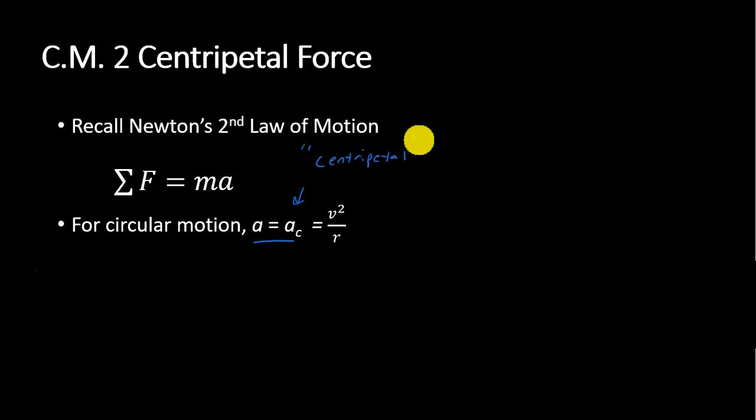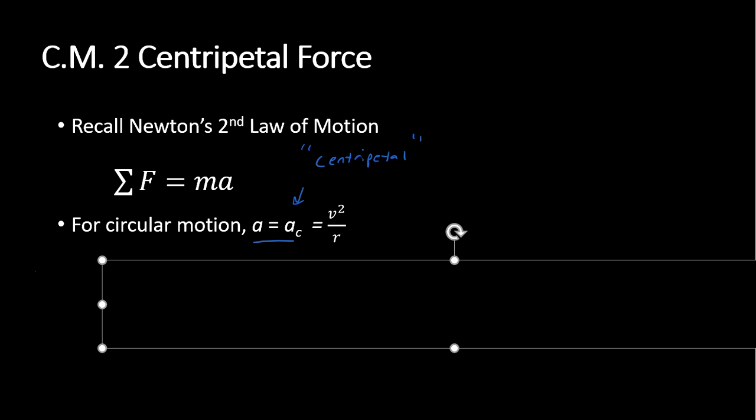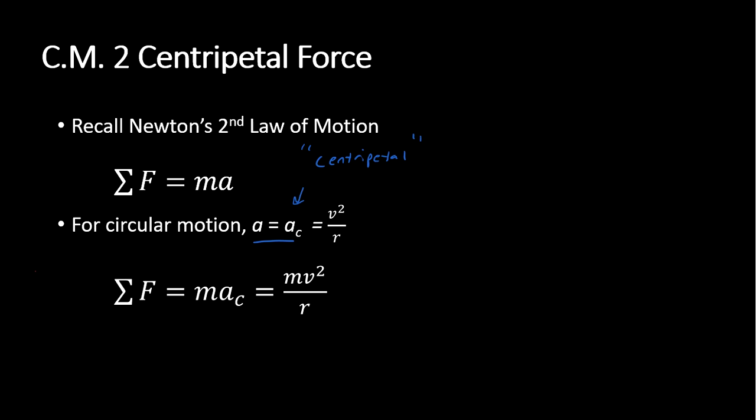And we saw that centripetal acceleration is equal to v squared over r: the tangential speed of the object squared, divided by r, the radius of the circle. That means I can rewrite Newton's second law this way. The sum of the forces is equal to m times a_c.